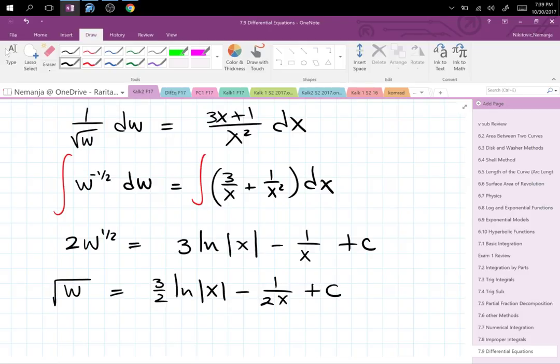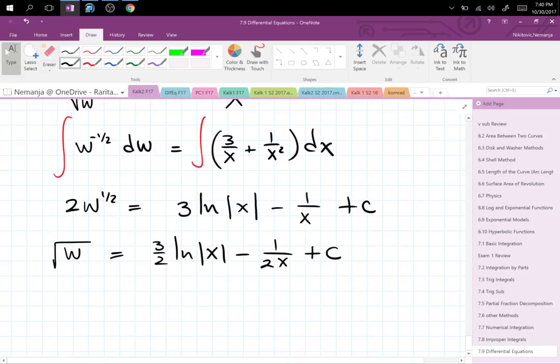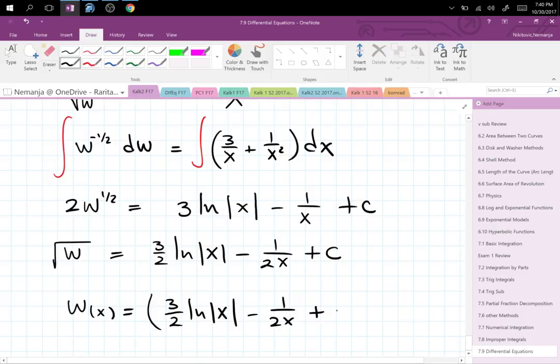You can write c over 2 if you want to, or you can just write c. And finally square everything. So w as a function of x is equal to, in parentheses, 3/2 ln x minus 1 over 2x plus c, everything squared.